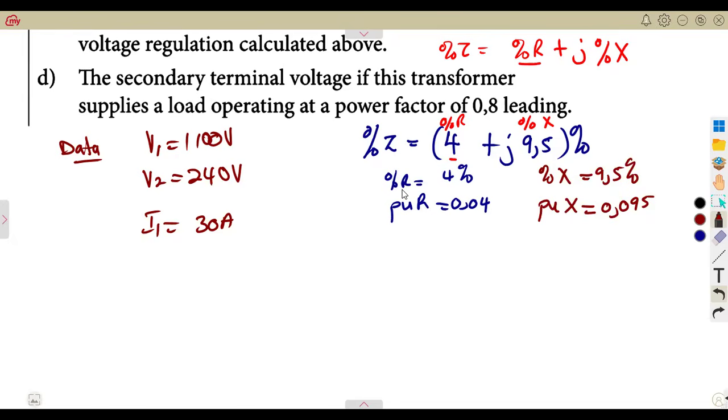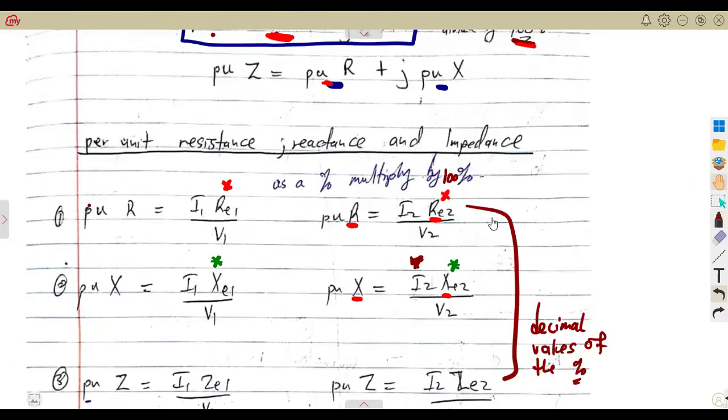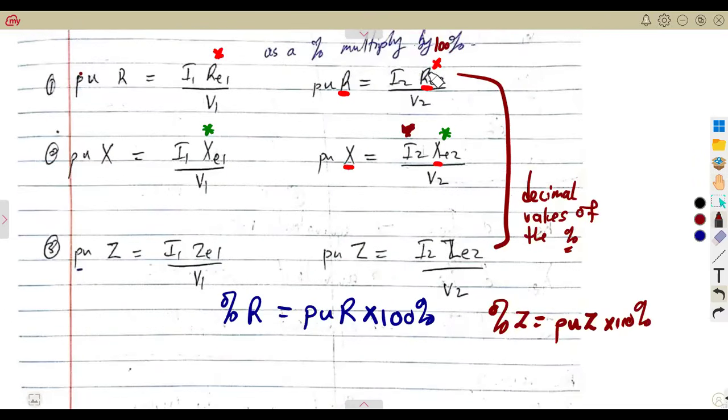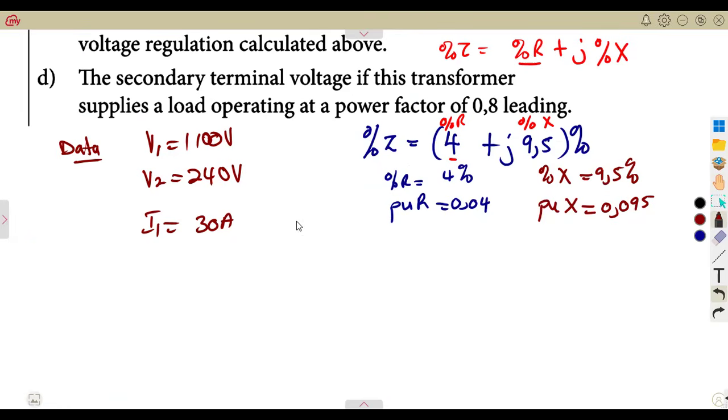Why are you talking about this? Because we saw that there is a part that carries these ones together with the equivalent resistance, equivalent reactance. So let's manipulate and make RE the subject, XE the subject of the secondary side.